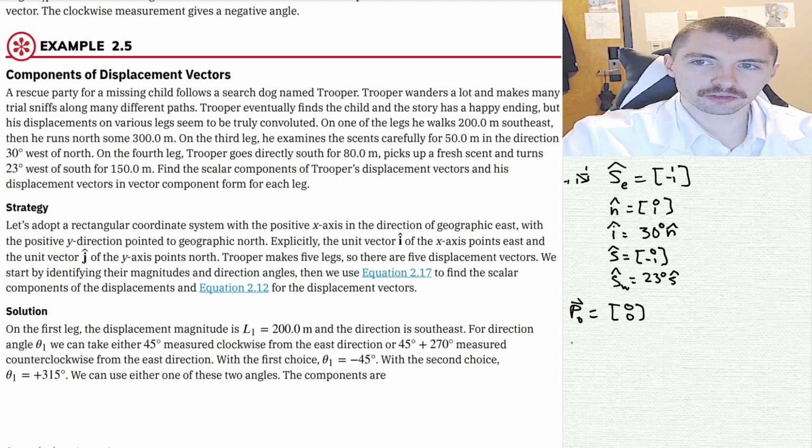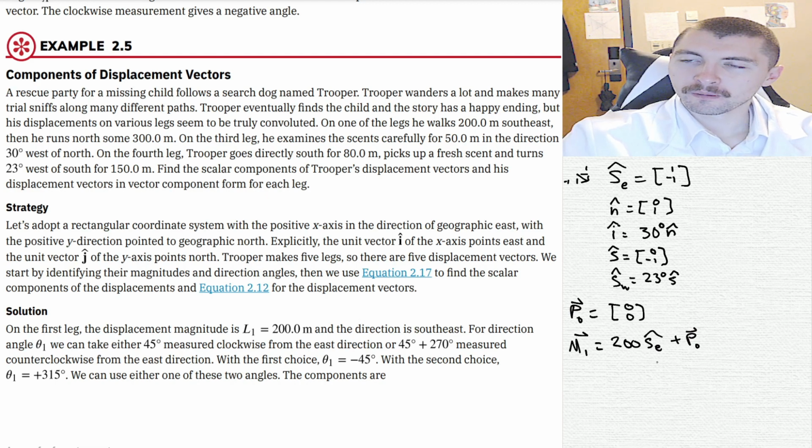Starting at 0. Move 1 is going to be 200 southeast plus P naught, the initial position. I know it's redundant, but it should be noted.